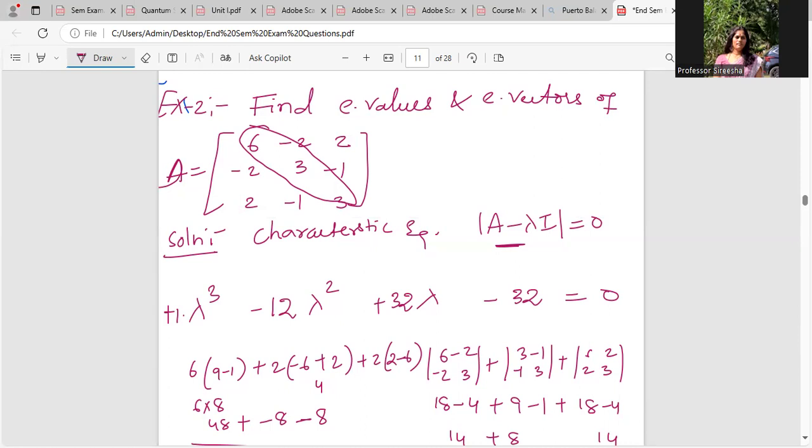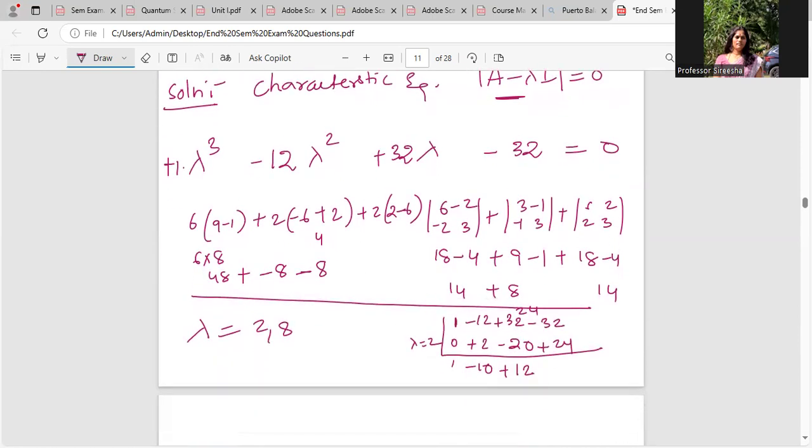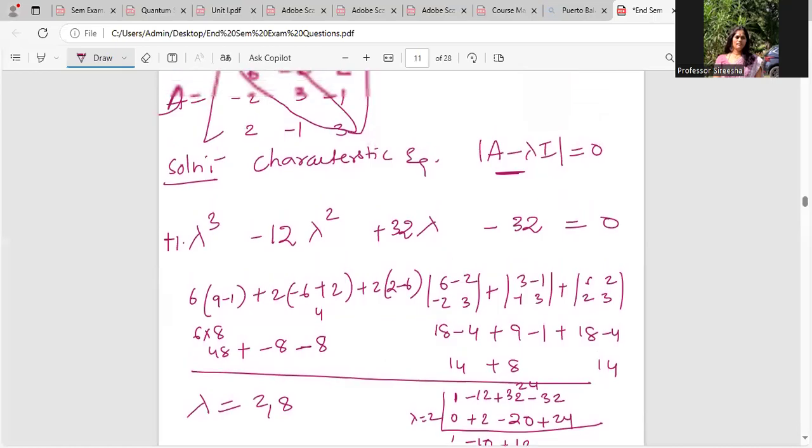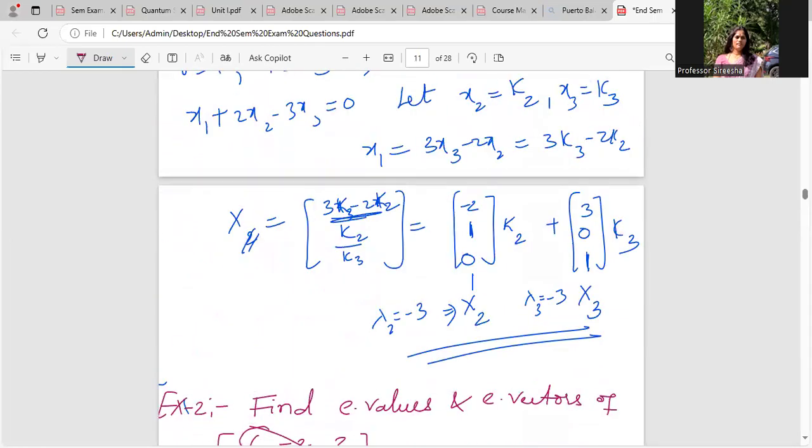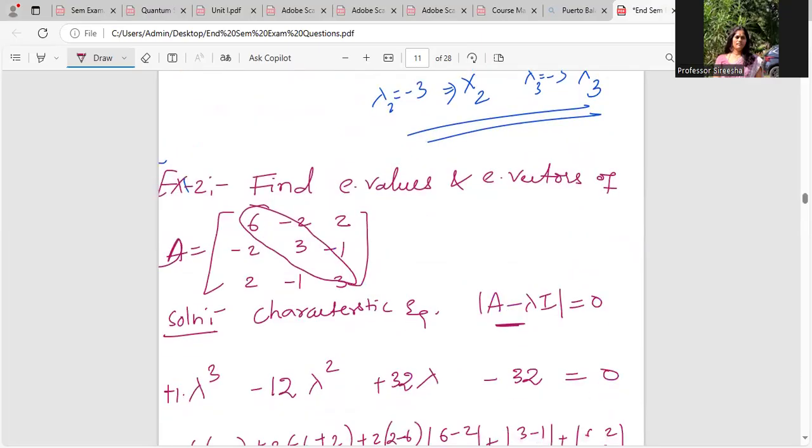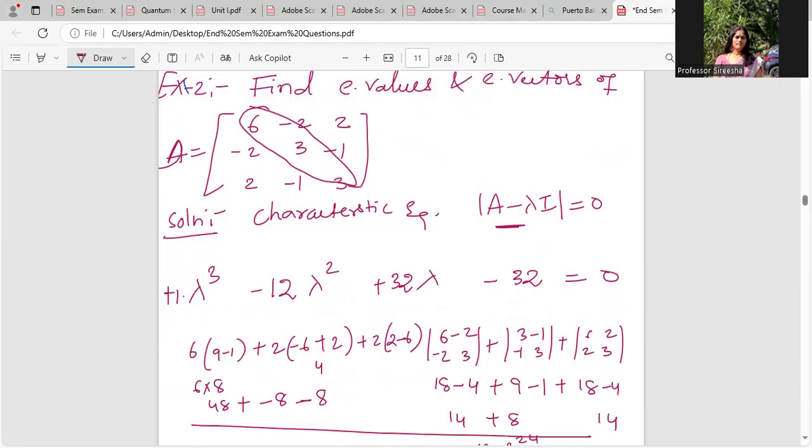So I'll be using synthetic division to find the roots. 6 plus 3 is 9, 9 plus 3 is 12. That's my trace. Now coming to the minors, 6, minus 2, minus 2, 3 is one minor.